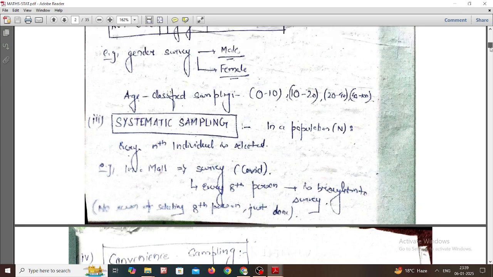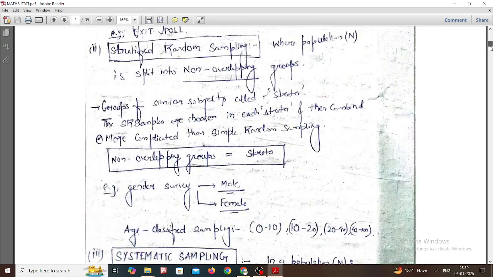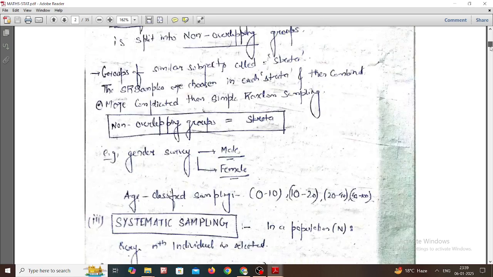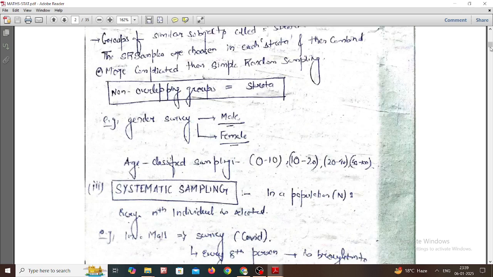In case of stratified random sampling, we are just categorizing it. Suppose we are mentioning a criterion that only the males would be taken in this survey from those 10 people. So what will happen? Let's say in those 10 students, we have only 6 boys and 4 girls.